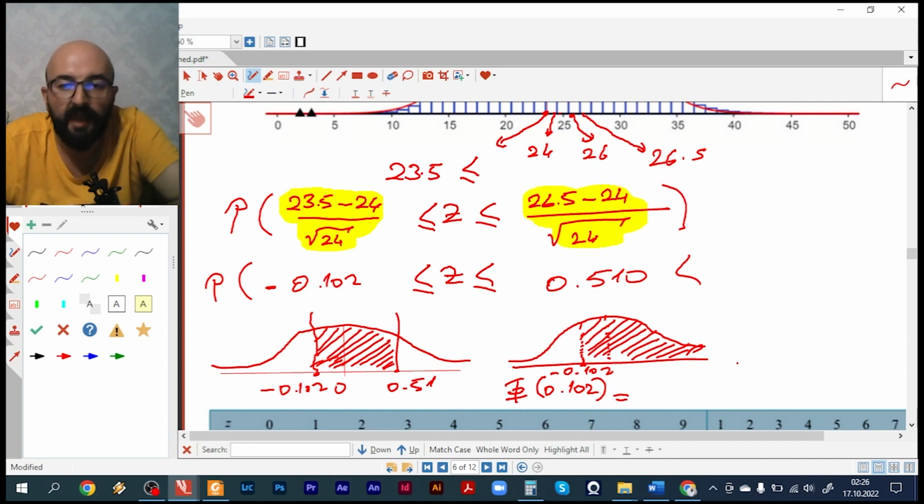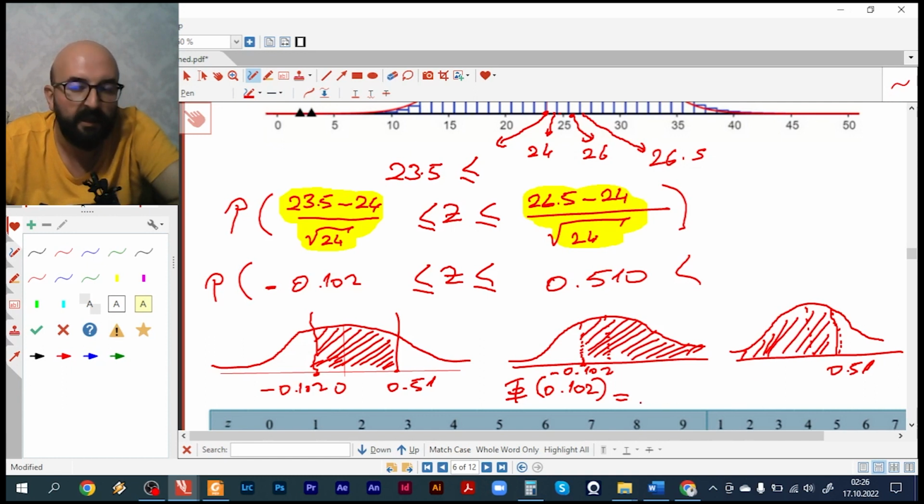Okay, and when you look at the Z table for 0.51, you should find the left of this line, because the left of this line is the big area.